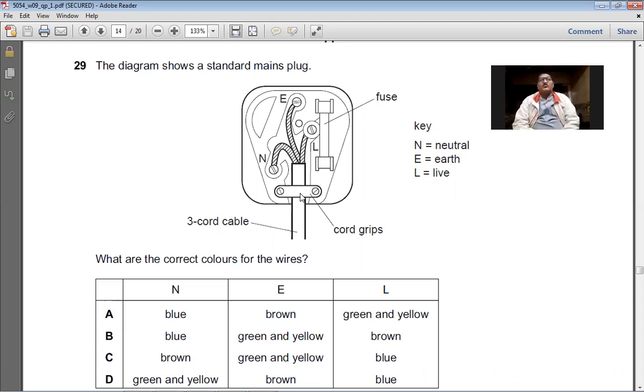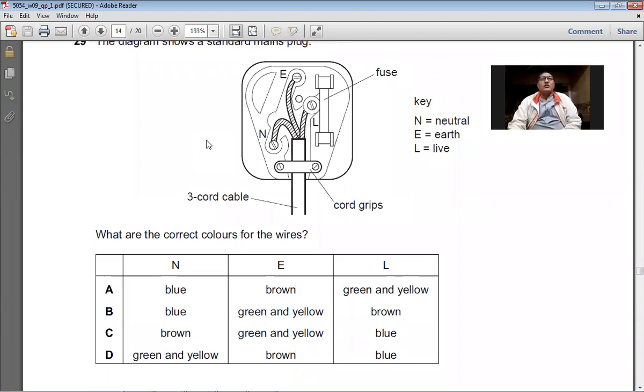The neutral wire will be blue, the earth wire will be green and yellow, and the live wire is brown. So the neutral wire is blue, the earth wire is green and yellow, and the live wire should be brown. I think B looks the best option to me.